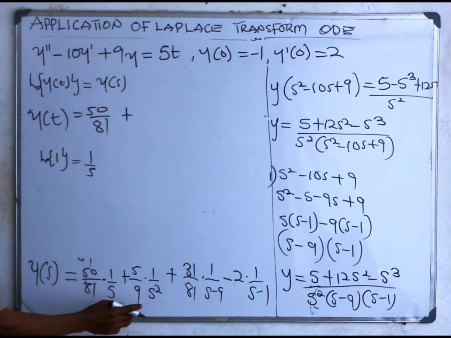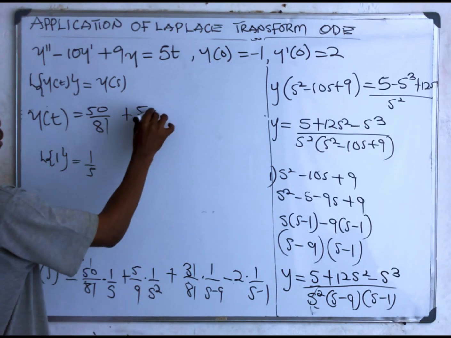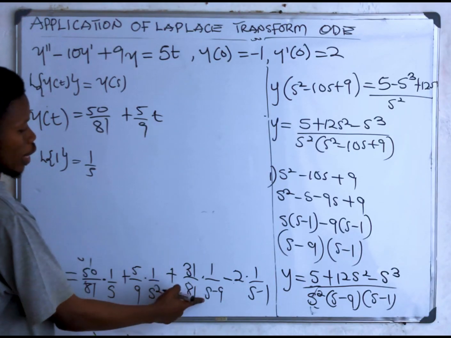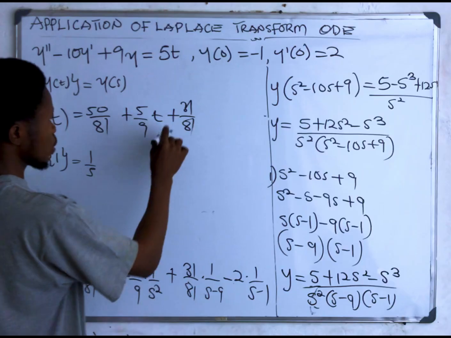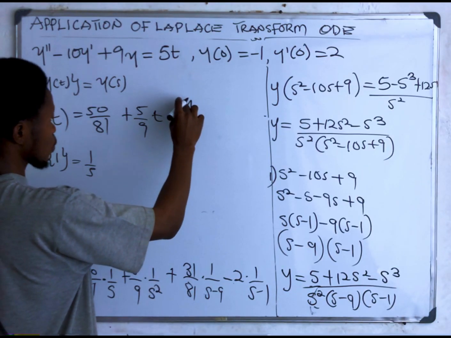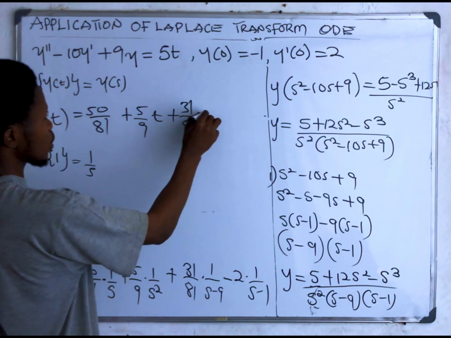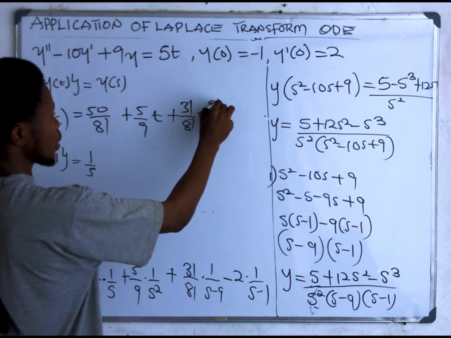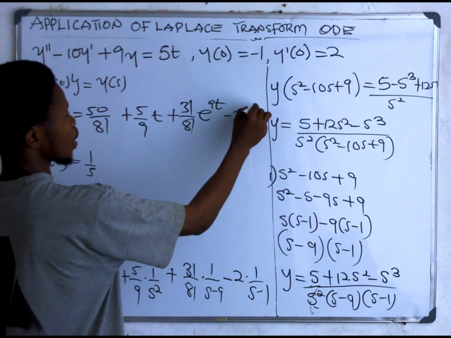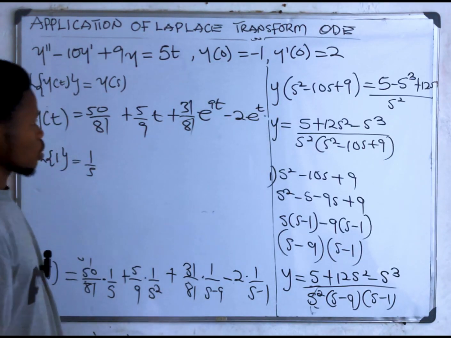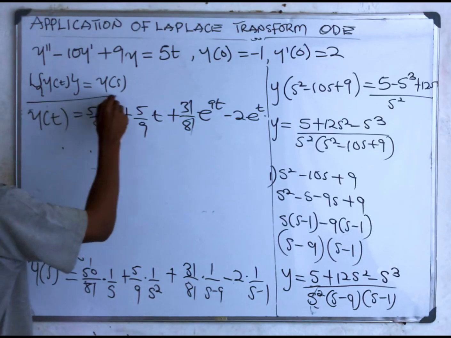So plus, from the table, 1/s squared is t, so we have 5/9 t. And from the table, 1/(s minus 9) is e to the power 9t, so plus 31/81 e to the power 9t. In the last one, minus 2 e to the power t. So this is what we have as our final answer.